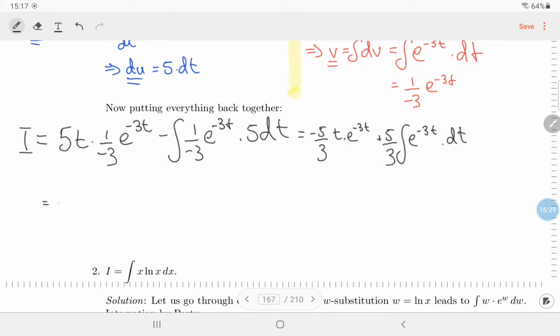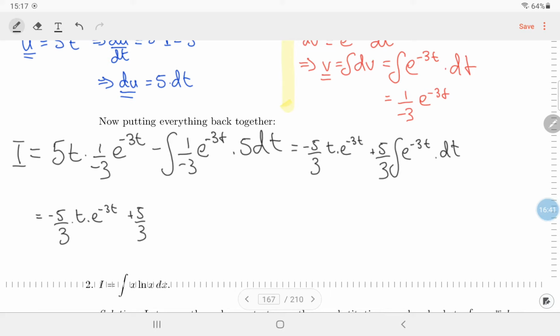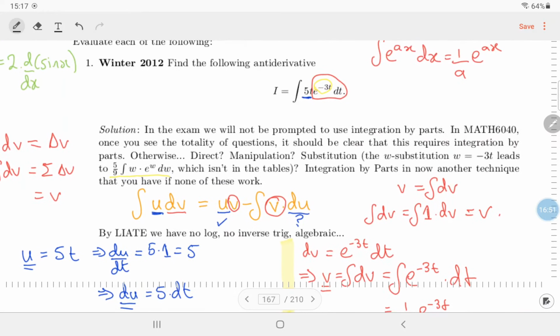I have minus 5/3 times t times e to the minus 3t. Fix the 5/3. Now I've already antidifferentiated e to the minus 3t. I know how that goes. It's 1 over minus 3 e to the minus 3t. That's that. And now all I have to do is, well, what's missing?